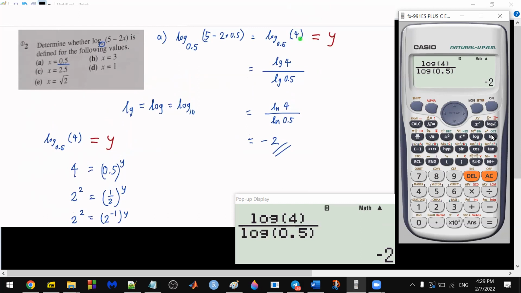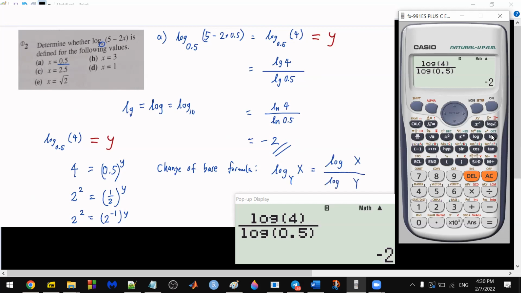This is the formula that you did use here. It actually works in general. It's called the change of base formula. Okay, I'll just introduce it here. Change of base formula. It means that you take the logarithm of x with a base y. It will just be equal to the log of x divided by the log of y.